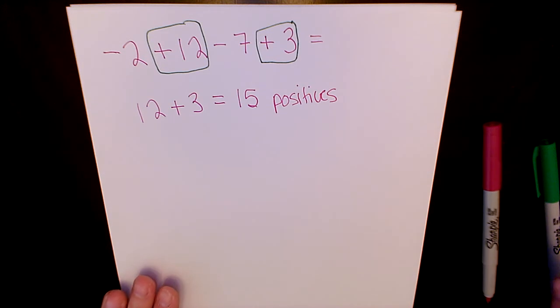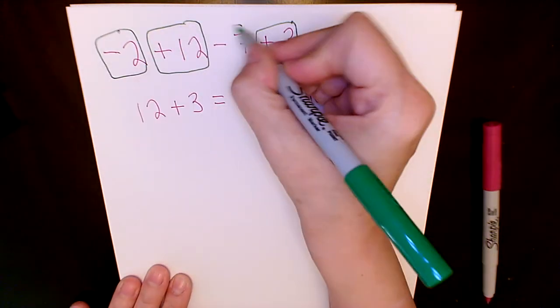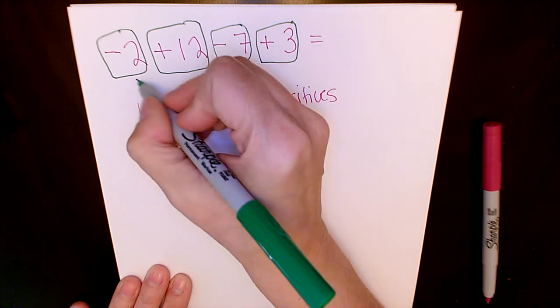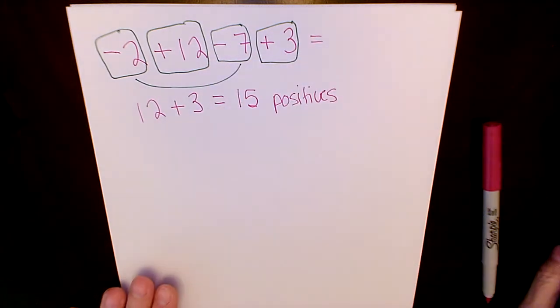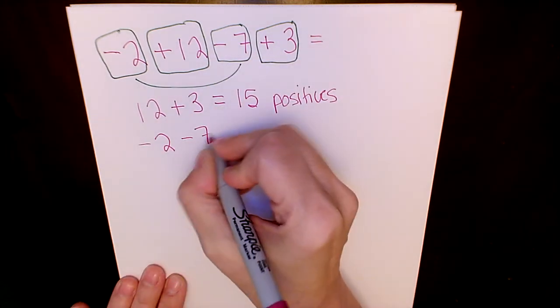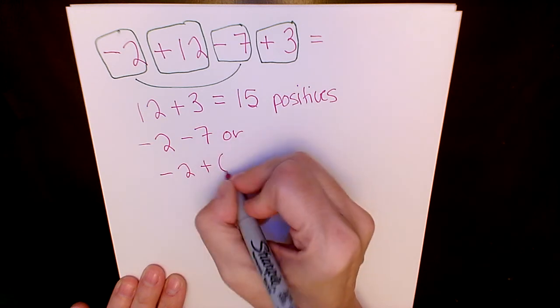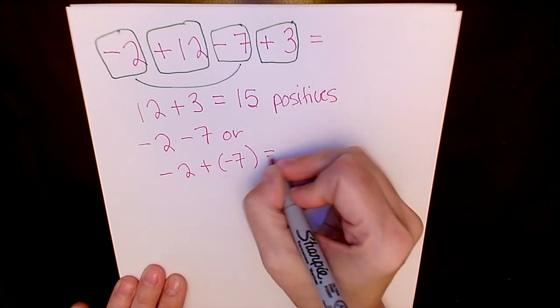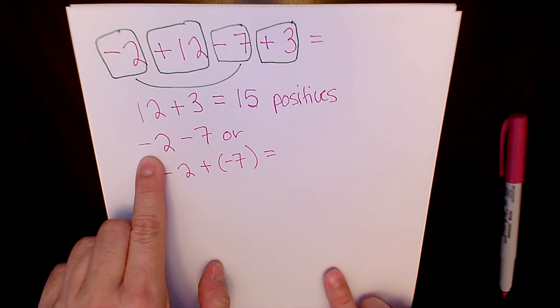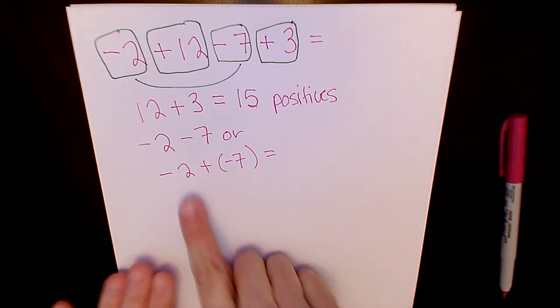And then I'm going to do the negatives. Here are my negatives. So I've got -2 minus 7, or if you want to put that plus in there, you can. But remember, when I have a negative in front of this number and a negative in front of the second number, that means I'm going to be adding them.